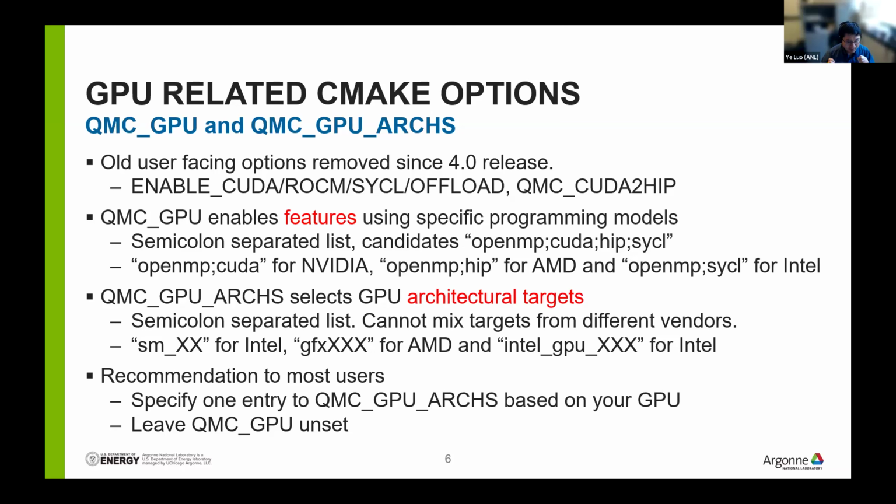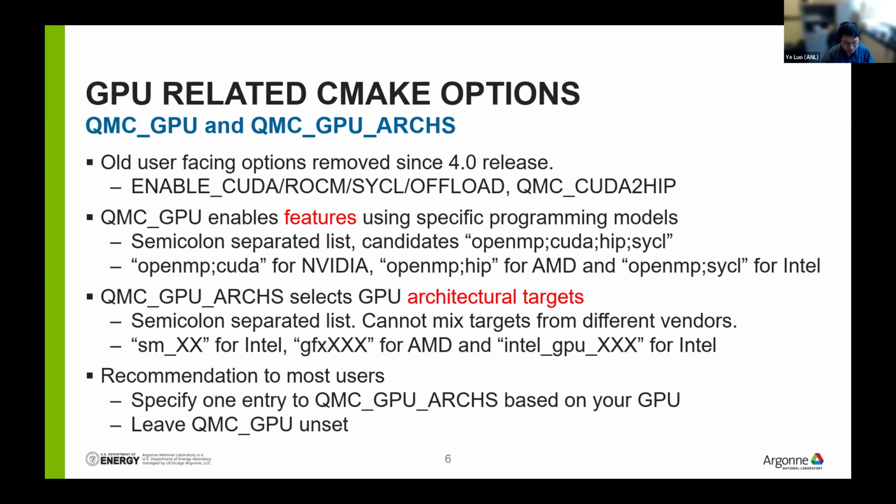It sounds like you have two options with many variants, but our recommendation to most users is that you only need to specify one entry to QMC_GPU_ARCHS. When you are on a new machine, you just look at what the GPU is and figure out the corresponding SM or GFX or Intel GPU target name.